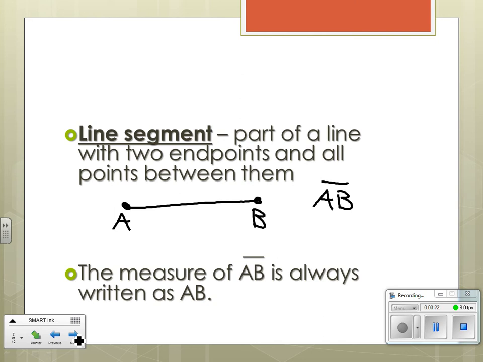If there is not a line over the top, I read it as the measure of AB. Okay? So the line over the top talks about the physical, actual line segment. If I don't put that, that'd be like me saying measure of AB equals 8. Something I can actually assign a number to. I wouldn't say that the line segment equals 8. I'm going to say its measure equals 8.